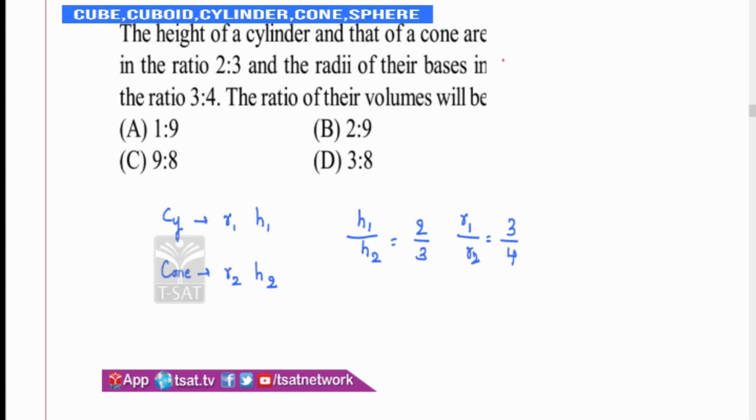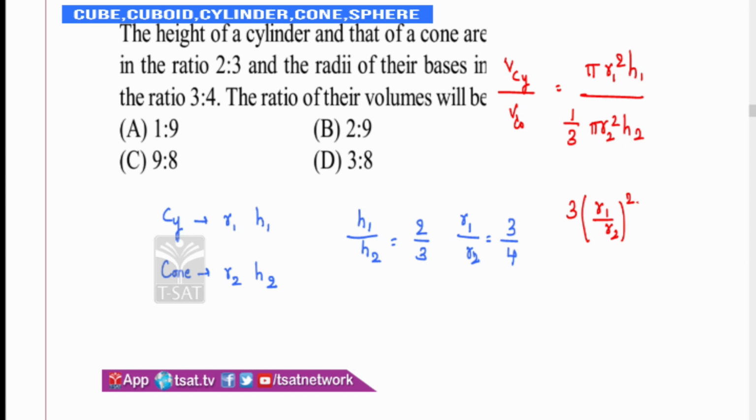All we are looking for is the volume of cylinder by volume of cone. Volume of cylinder is pi R1 square H1. Volume of cone is 1 by 3 of pi R2 square H2. So 3 goes up, pi gets cancelled, therefore 3 into R1 by R2 whole square into H1 by H2.